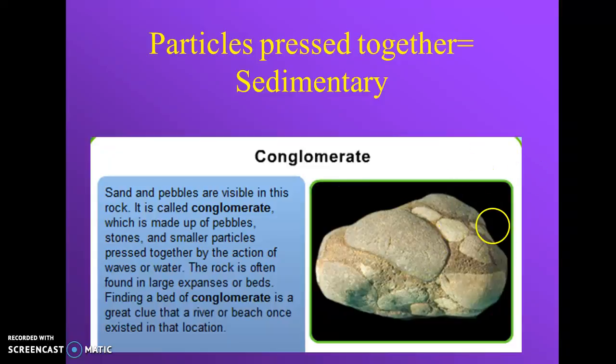So you can actually see this was once probably a little tiny rock mixed with another tiny rock, and they got put together to make a bigger rock. Another part of the paragraph that helped you see that is where it says particles pressed together. So remember, sedimentary is made of lots of different types of sediment, which is sand, pebbles, remains of animals, all those things are sediment.